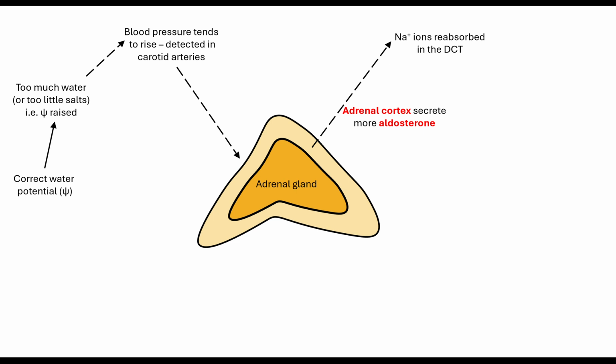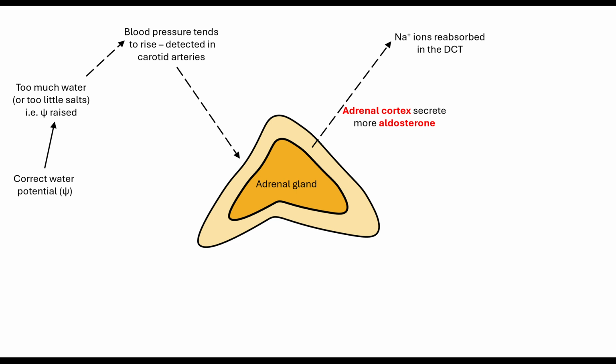Aldosterone is going to be transported in the bloodstream to the kidneys, and it's going to signal for the kidneys at the distal convoluted tubule for those sodium ions to be reabsorbed. Now, aldosterone is a steroid hormone, and that means it can bypass the membrane and get into the nucleus, causing transcription to occur to produce more sodium channels.